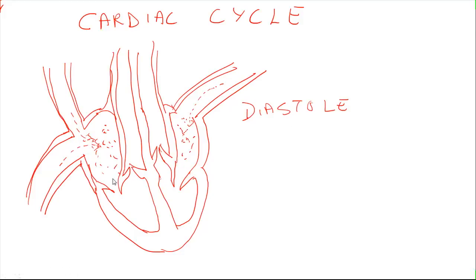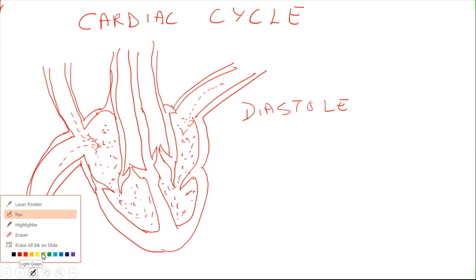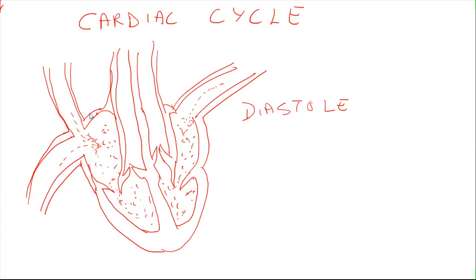Now, as this fills up, the blood now goes down here and goes down here. But you don't have all the blood in there yet. So the atria must now contract. And when the atria contract, think about all these walls narrowing inwards like that.